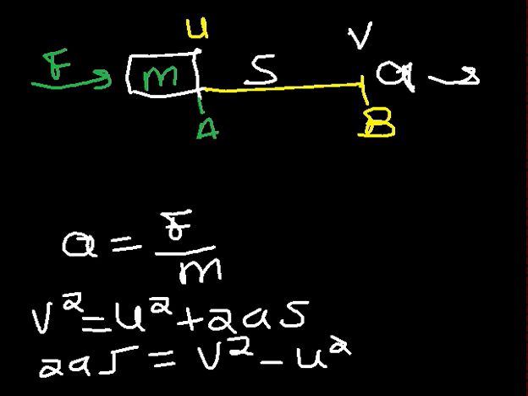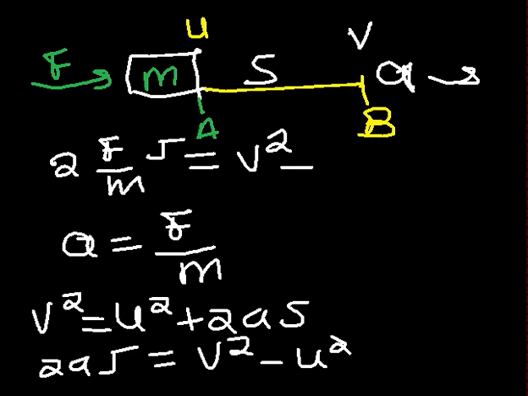First of all, let's substitute for the acceleration, which is the same as force over mass. So we'll have 2 times force over mass times the displacement, which is equal to v squared minus u squared.